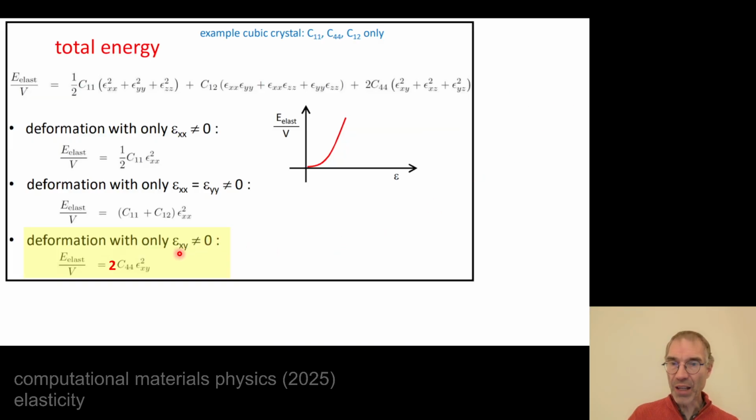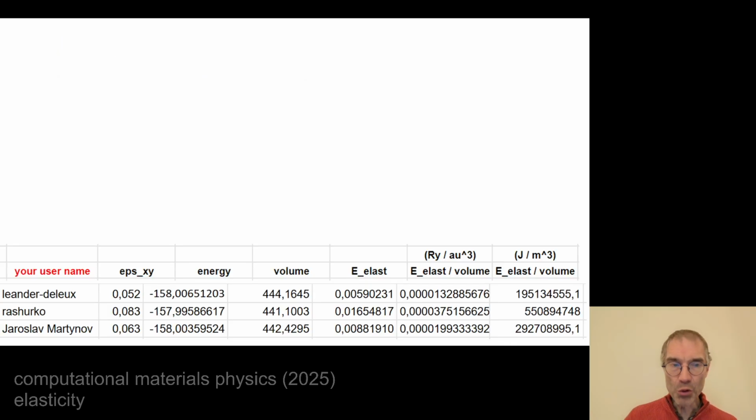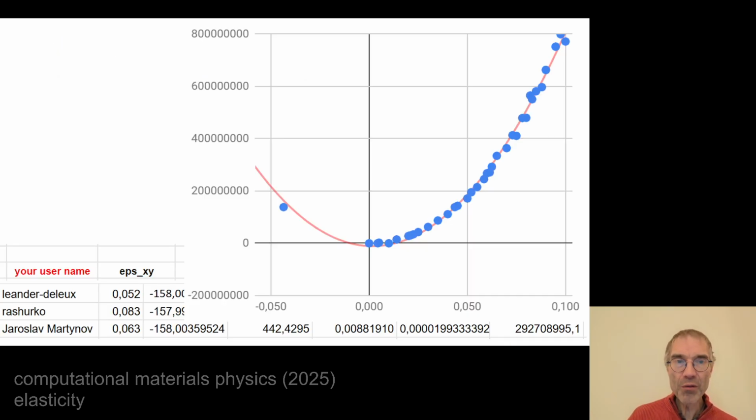The epsilon xy, that 2 is here because in the video that number was forgotten, but that is the correct expression. If we do this with epsilon xy deformations, that was also tried by several of you, then we get this value of this curve, again with a nice parabola.